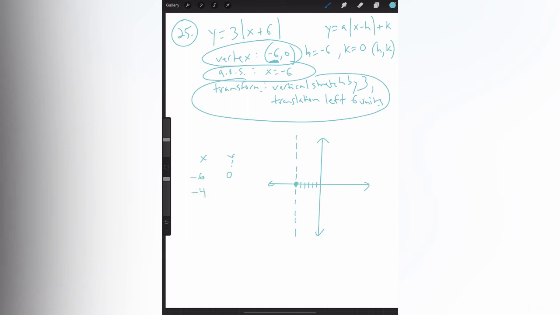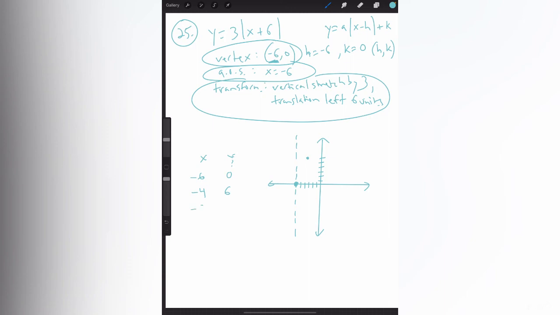Okay, so -4 plus 6 gives me a +2. The absolute value of 2 is 2. 2 times 3 gives me 6. Okay, so -4, 1, 2, 3, 4, up 6: 1, 2, 3, 4, 5, 6. Okay, so -4, up 6.